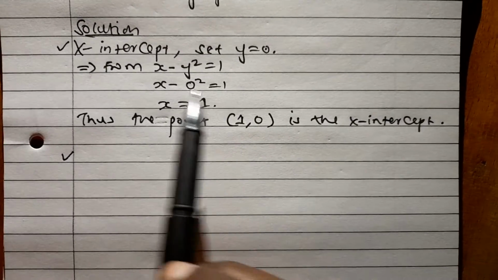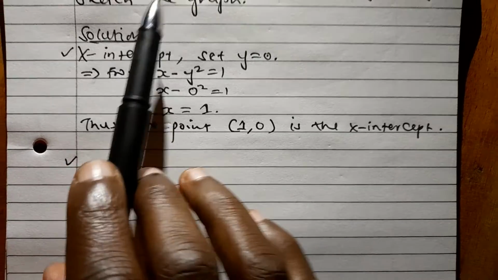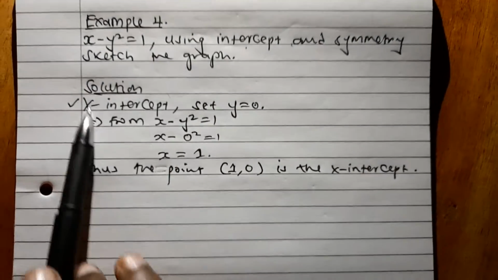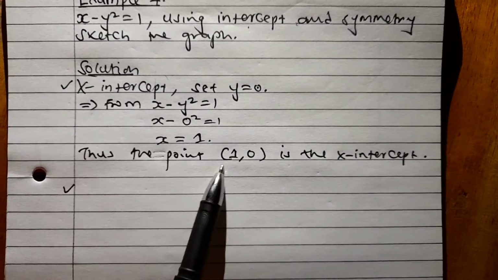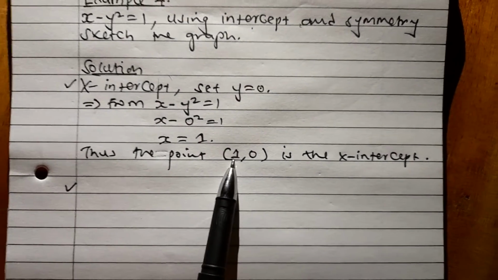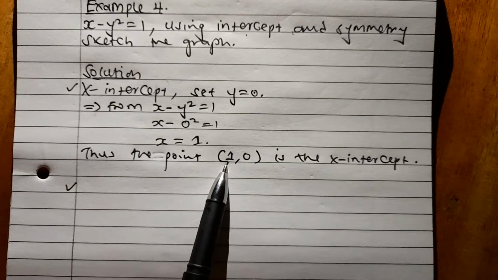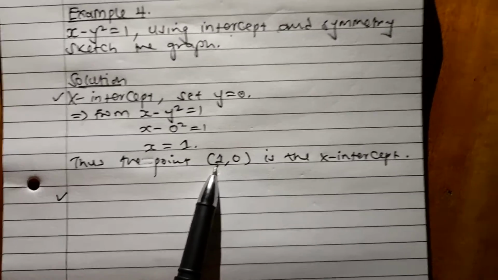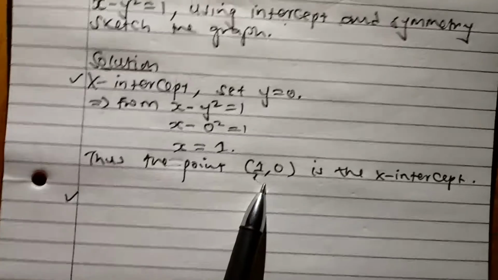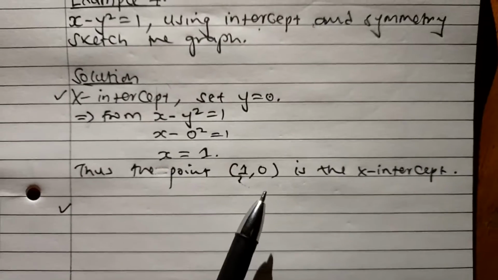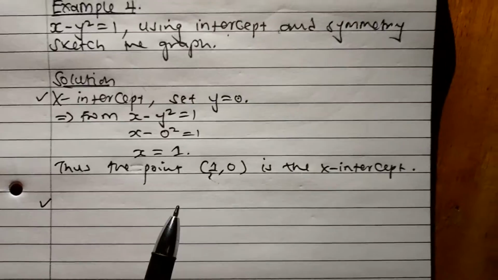Since the function is cutting the x-axis at the intercept 1, it is good to start by determining if it is symmetric with respect to the x-axis. It is good to test for symmetry with respect to the x-axis before thinking of y or the origin.